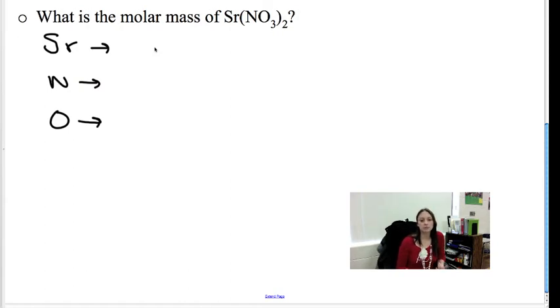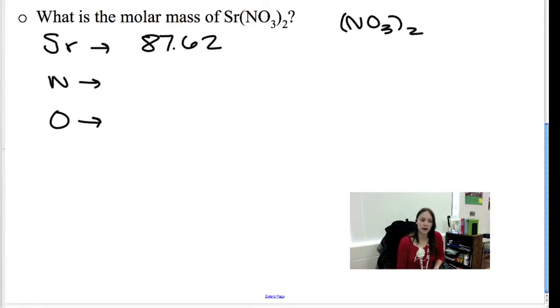We have strontium, Sr, N, and O. Now strontium is easy, just look it up on the periodic table, which is the 87.62, and there's only one of them. But then I have this NO3, which is in parentheses. And these parentheses work just like math parentheses, okay?